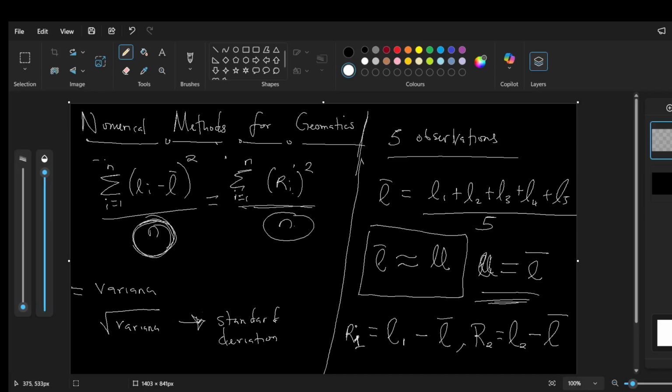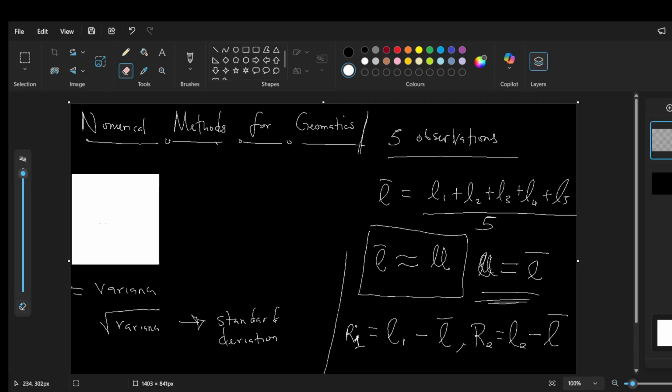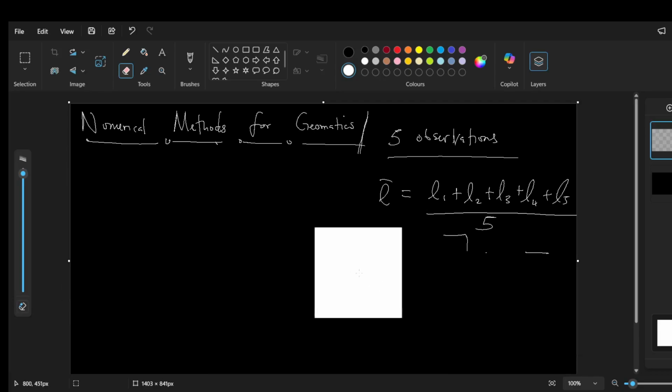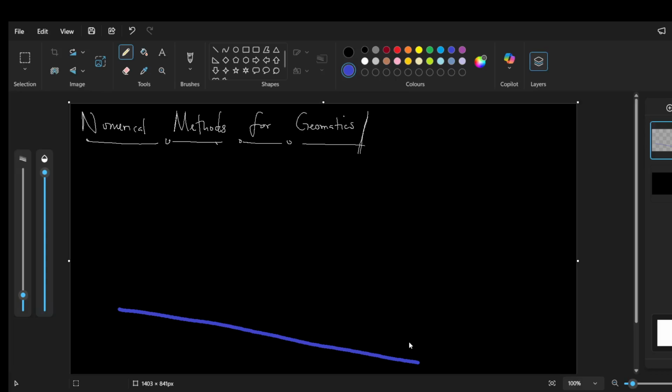I'll try to define this in a visualized way, just so you can understand what's really going on. Let me clear up some space.